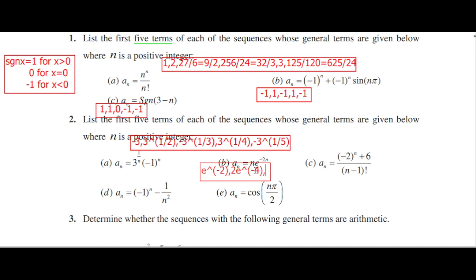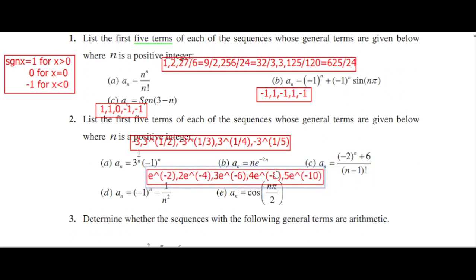Let's substitute 3: 3 times e to the power of minus 2 times 3, minus 6, comma. Let's substitute 4: 4 times e to the power of minus 2 times 4, minus 8, comma. Let's substitute 5: 5 times e to the power of minus 2 times 5, minus 10. This is the solution for question number B.